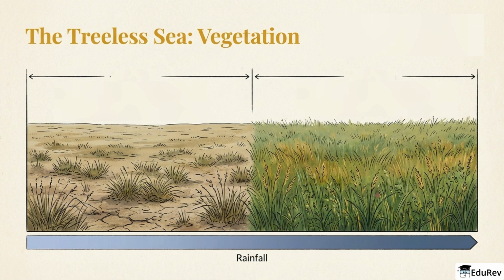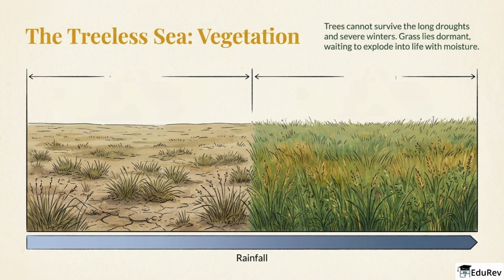Now look at the vegetation. This climate is often called a treeless sea, and that phrase is not poetic, it is geographic. Trees generally cannot survive here because of long droughts and severe winters. Grass survives by going dormant and then reviving when moisture returns. And rainfall controls grass height.